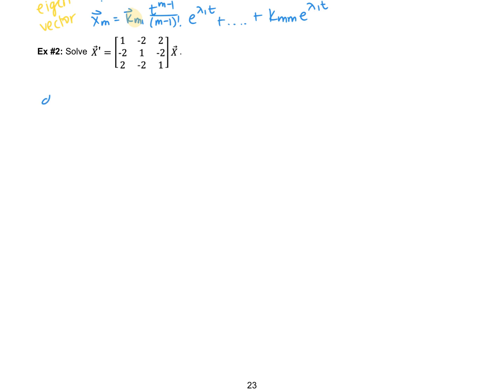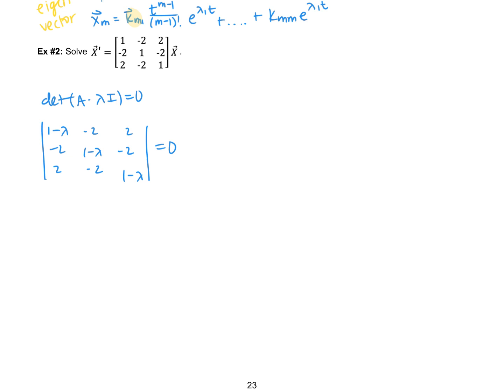First thing that we're going to do is find those eigenvalues, of course. So I'm going to look at the determinant of A subtract lambda I, and I want that to be equal to 0. So I'm going to have 1 subtract lambda, 1 subtract lambda, 1 subtract lambda, negative 2, 2, negative 2, negative 2, 2, negative 2. Now, I am not going to review finding this determinant. We did that before. That's not the point of this video.